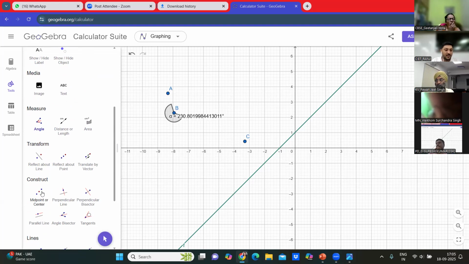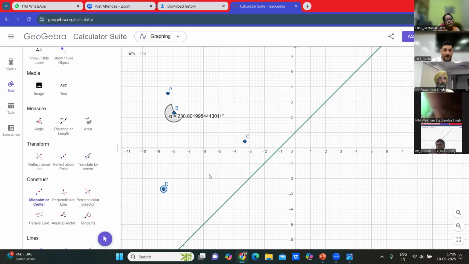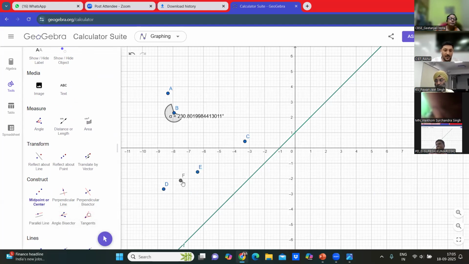If we want to construct a midpoint or center, we select 2 points, a segment, circle or conic. This is D point, E point and a midpoint F.